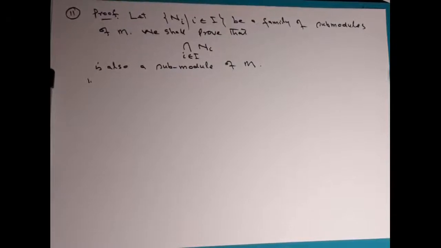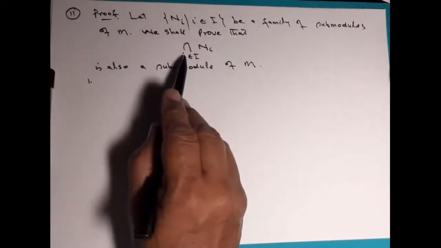Now note that in order to prove that a subset is a submodule, we have to prove three conditions. Number one, that the subset is non-empty. Number two, that the subset is closed under addition. And number three, that the subset is closed under scalar multiplication. So these are the three conditions to be established. We have proved these things before. First of all, we have to prove that this intersection is non-empty.